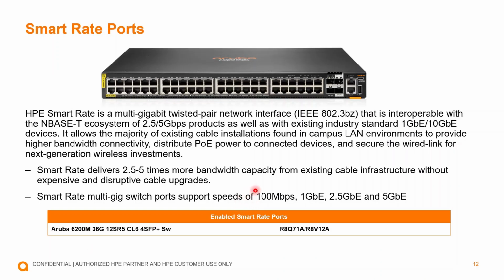As an increase in IoT devices on campus networks is expected, it is better to have a mix of Smart Rate and 1 gigabit ports. It best represents the customer needs today and in the future.